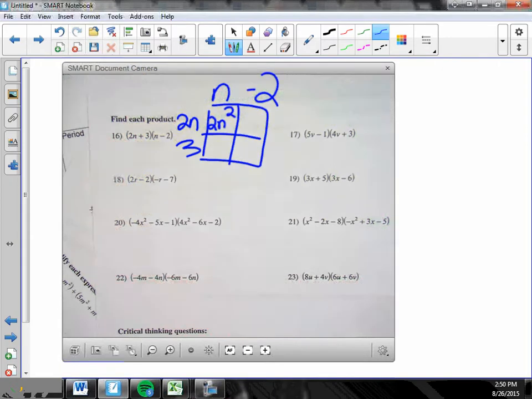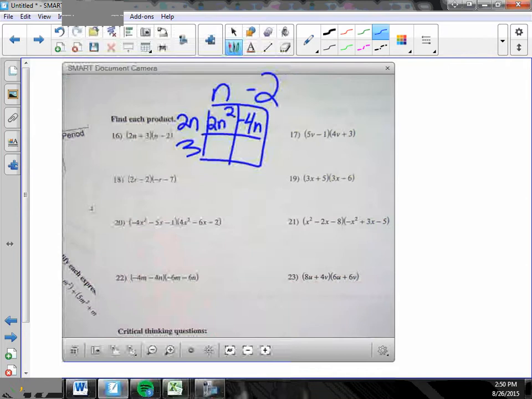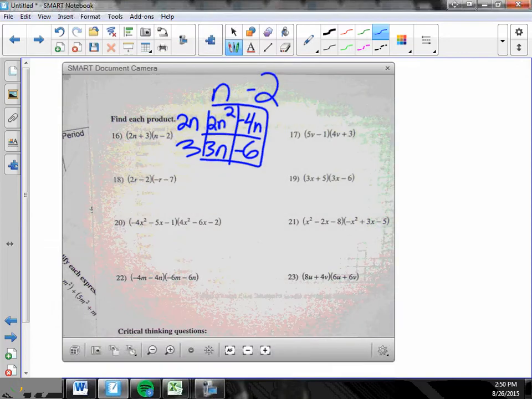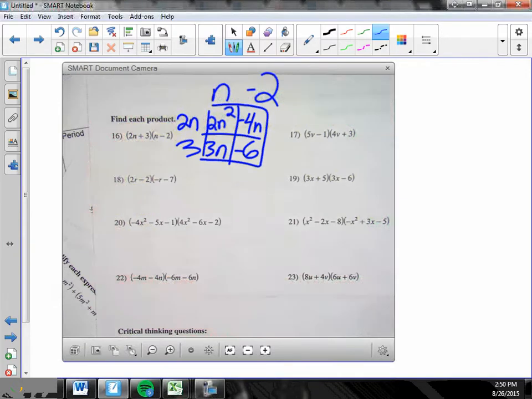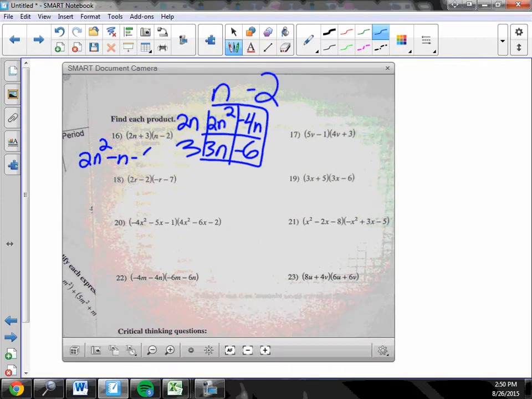The top right box is the product of 2n and negative 2, which is negative 4n. The bottom left box would be 3n and minus 6. Now what do I do? Combine like terms. Do I have any like terms? Yes. So 2n squared, no like terms. Those two n's create negative n, minus 6.